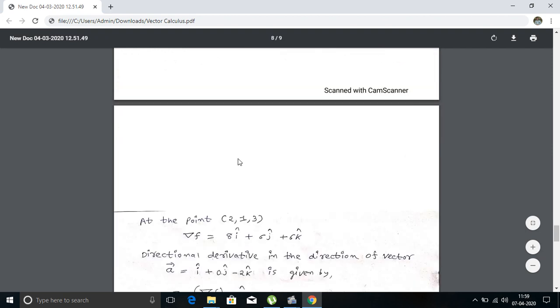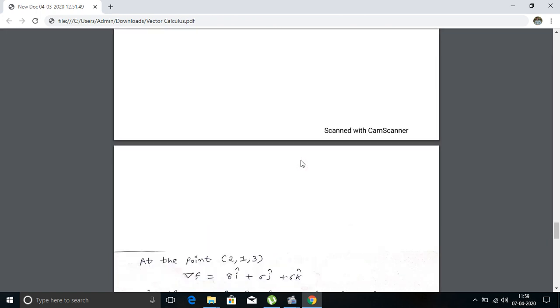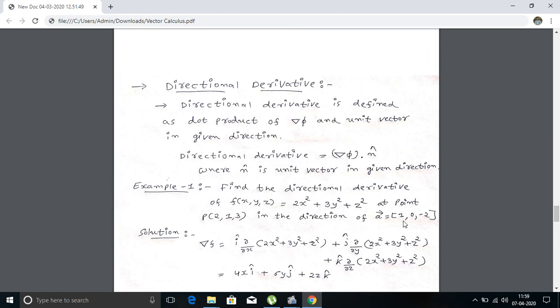We get grad f equal to 8i plus 6j plus 6k. So this is the final answer for gradient f. But we have to find the directional derivative in the direction (1, 0, -2), which can be written as 1i plus 0j minus 2k.